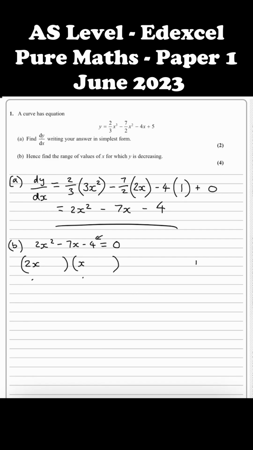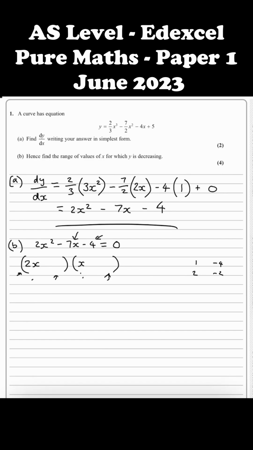Only way you can do that is 1 times minus 4 or minus 1 times 4, and 2 times minus 2. But if we look at the middle, we know that we need to get to minus 7x, so we are going to need the number that's in here multiplied by the 2x, plus the number that's in here multiplied by the x, to get us to minus 7.